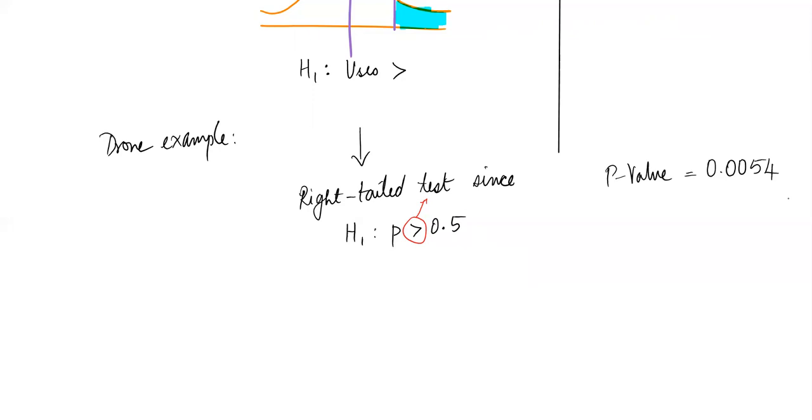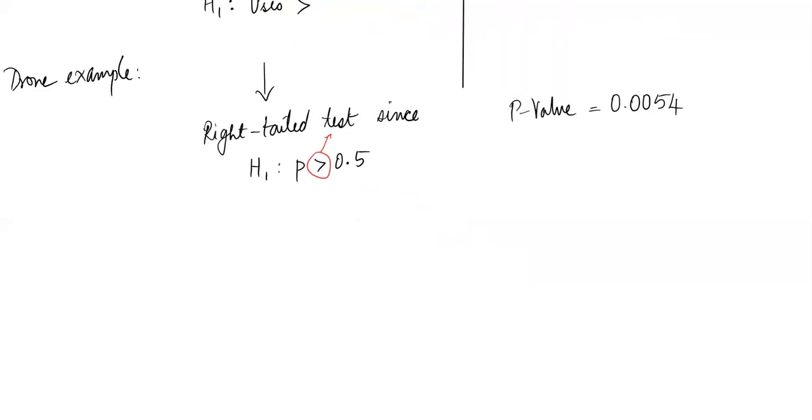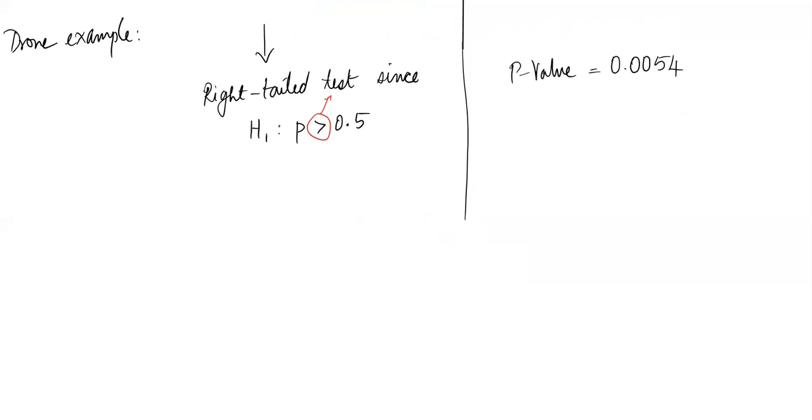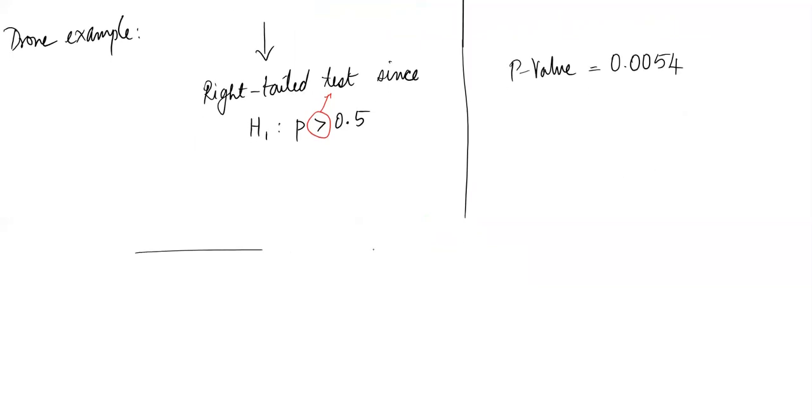With the critical value method, it's kind of easy because we just use the alpha to determine the z, so I don't need to do the calculations as such for that. I'll just use the drone example for the critical value here. You have the graph, and we establish that it has to be right-tailed.